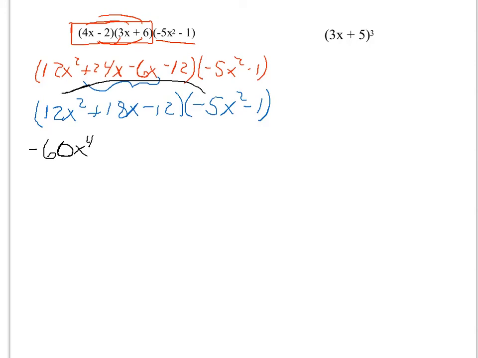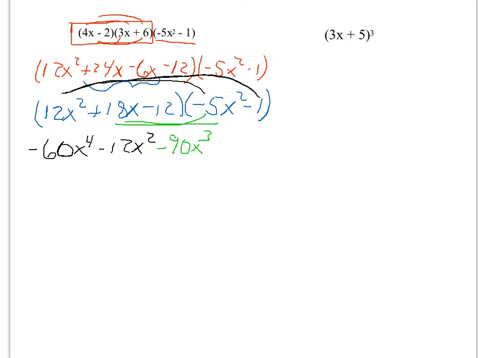And then 12x squared times negative 1. So minus 12x squared. And then I move on to that middle term, 18x times negative 5x squared. So that will be minus 90x to the third.